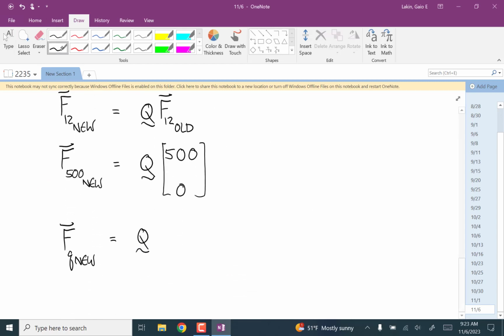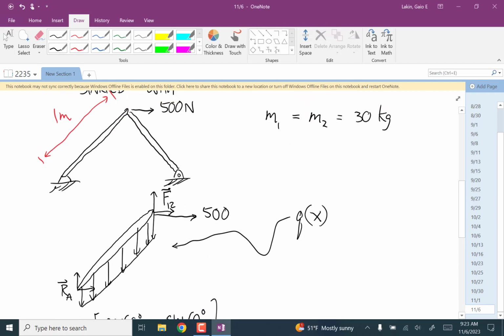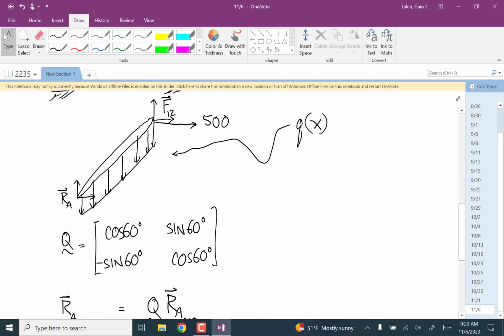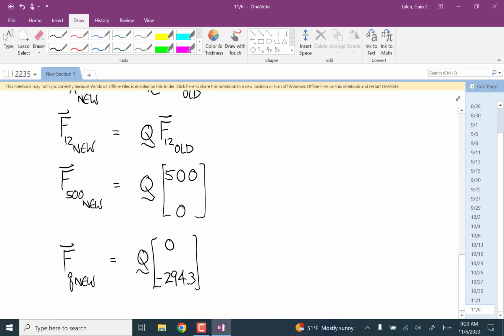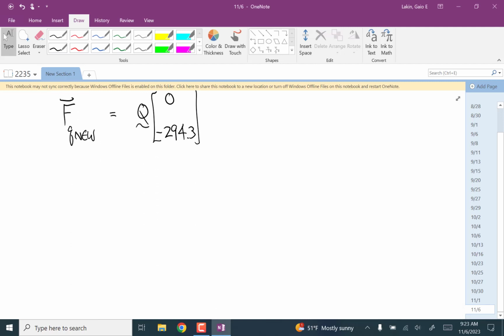So as a vector, this would be 0 for x, negative 294.3 because it's down, and that would give you the distributed load. Well, let's do these calculations, calculate the external loads. Hopefully we can get to the internal loads before class ends.